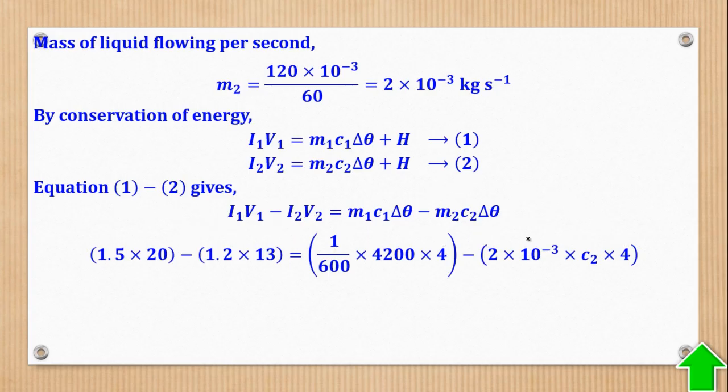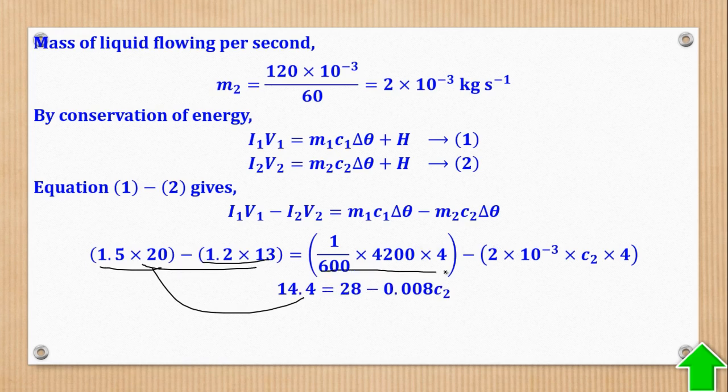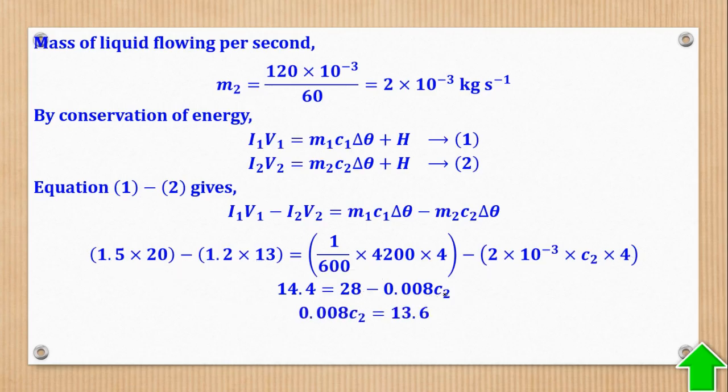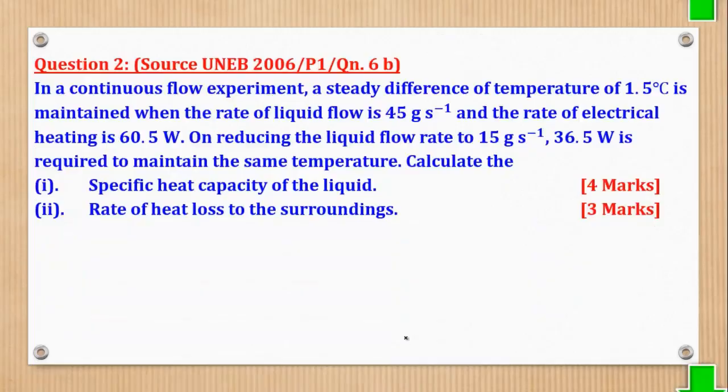So I think we realize that the only unknown is C2. So simplify this to give you that, the whole of this, then the whole of this to give you that. So my aim is to make C2 the subject. So for the continuous flow method, what should be in your mind is that there should be simultaneous equations.